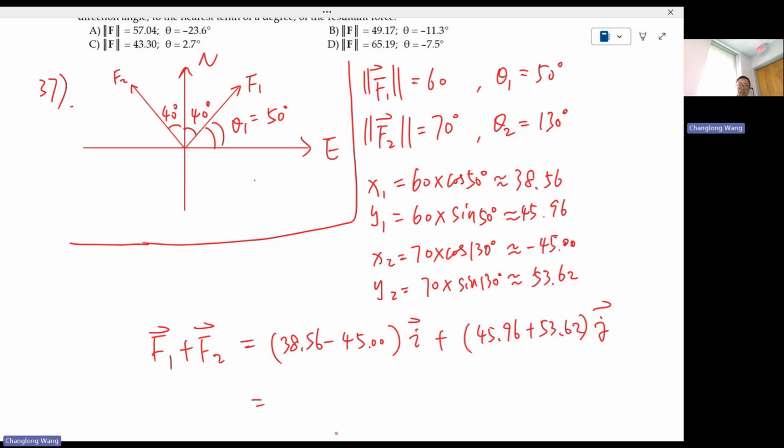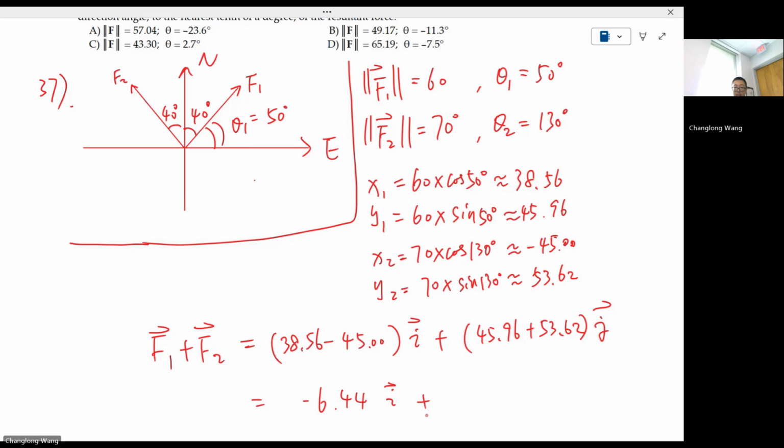So you work it out. I think the x part is negative 6.44. Let me check: 38.56 minus 45, yes, 6.44.